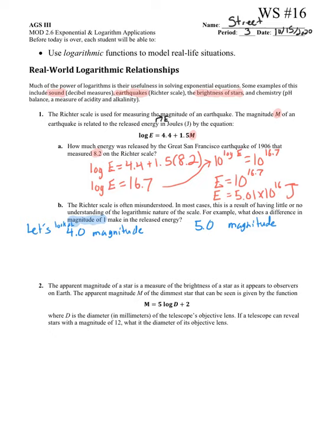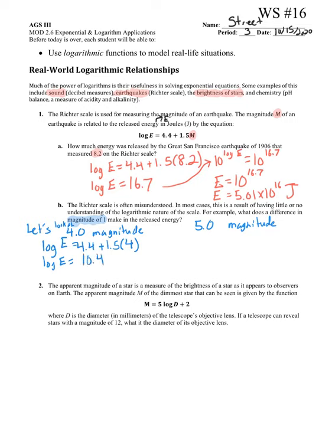So for 4.0, it's going to be log of E equals 4.4 plus 1.5 times 4. And what do we get? 1.5 times 4 is 6, so it should be 10.4. Yep, 10.4.